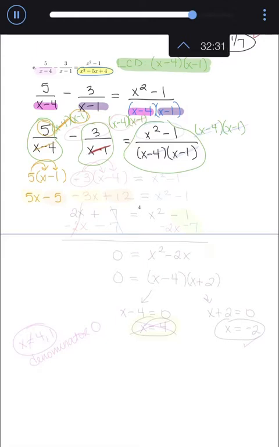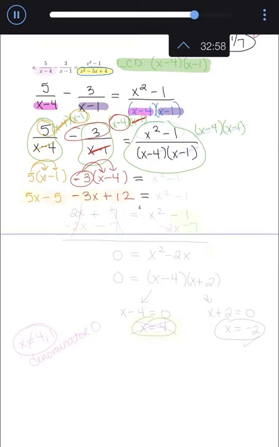We can cancel out the x minus 1, which, be careful, leaves you with a negative 3 and an x minus 4. So again, that leaves me with distributing a negative 3 to the x minus 4, which would give me a negative 3x plus 12 equals, well, at least the other side's a little bit nicer.